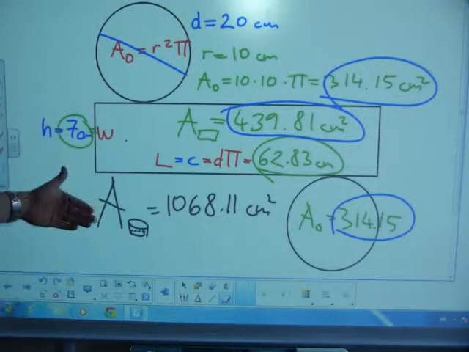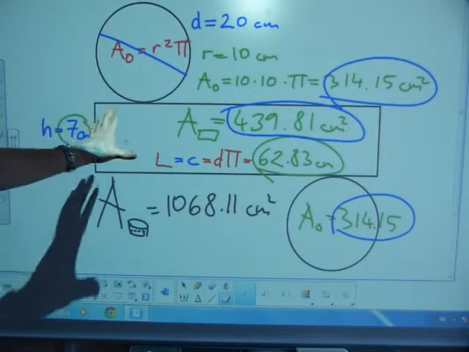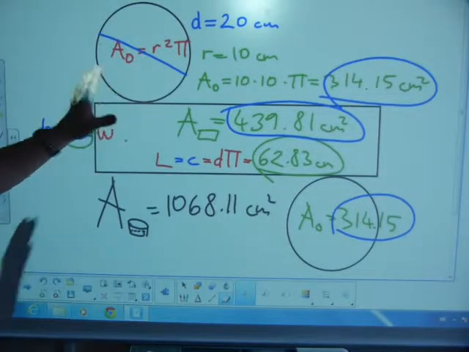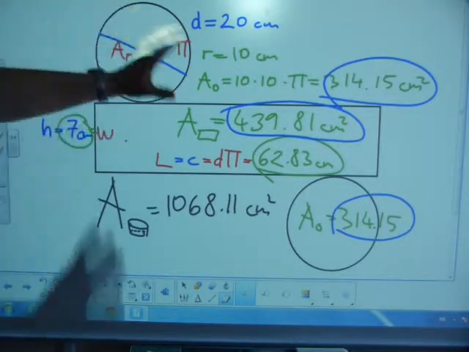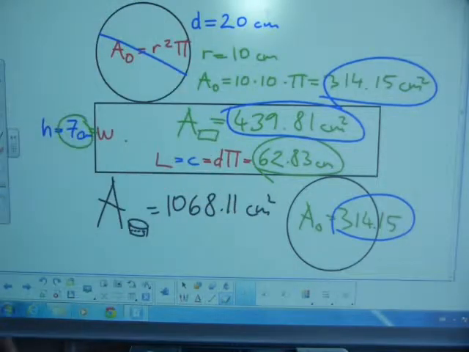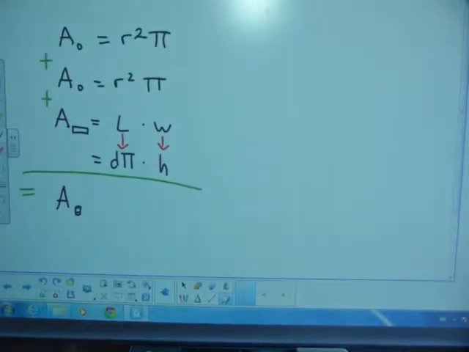So that's the process. You can do it by breaking it down into its elemental two-dimensional shapes and add them together. Add the circle plus a rectangle. It's totally doable. We also have a formula for all of this.